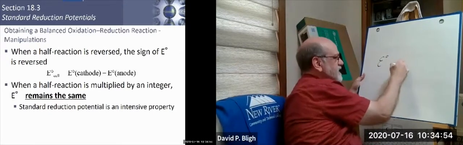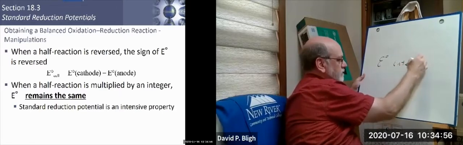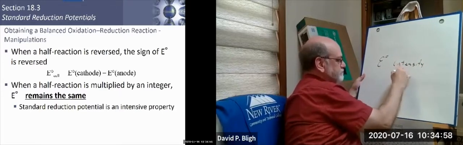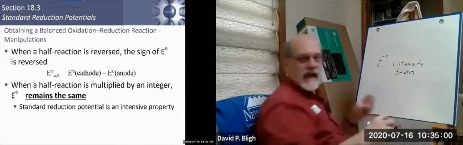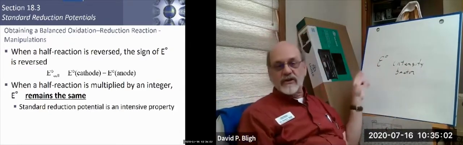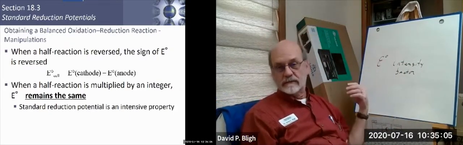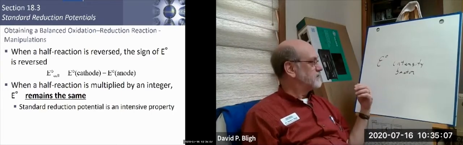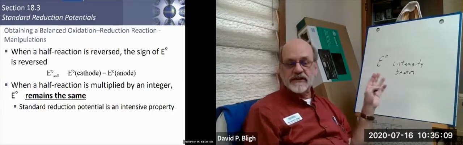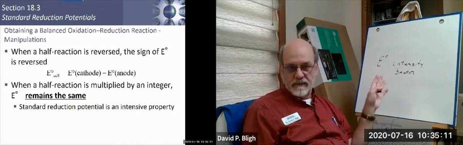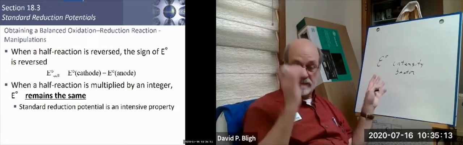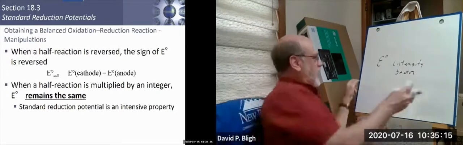Because that is an intensity factor. It doesn't matter how much you have on either side. It remains the same. Voltage is an intensity, not a capacity factor.